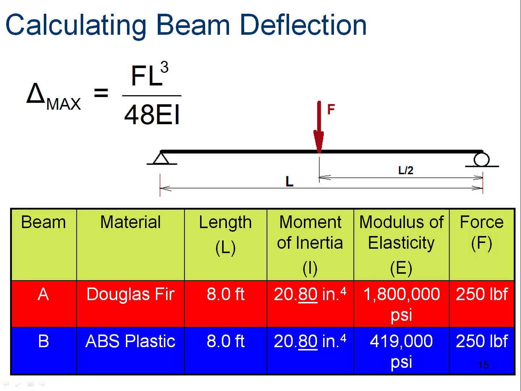That's what that formula is saying. Now, you're going to notice something right away. L is cubed. So again, minor changes in the length between supports make for major deformation differences. The other important thing to understand is this is only for a point load at the middle of the beam. There's different formulas for the load being distributed in different places, but this load is in the middle of the beam.